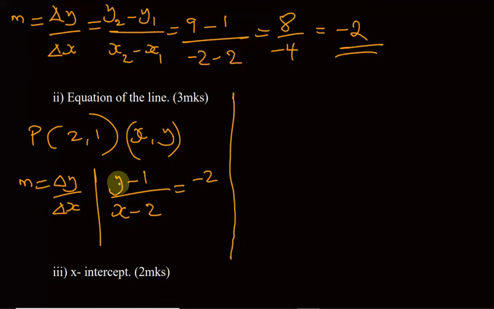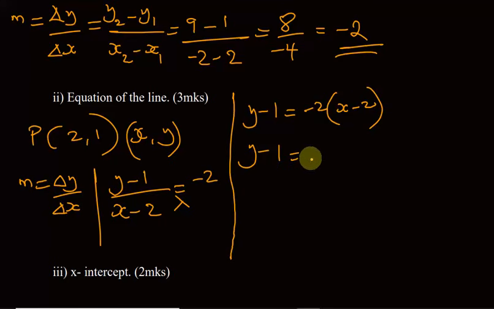We are cross multiplying. So y minus 1 equals, open the bracket, negative 2 times x minus 2. So y minus 1 equals negative 2 times x is negative 2x, then negative 2 times negative 2 is positive 4.